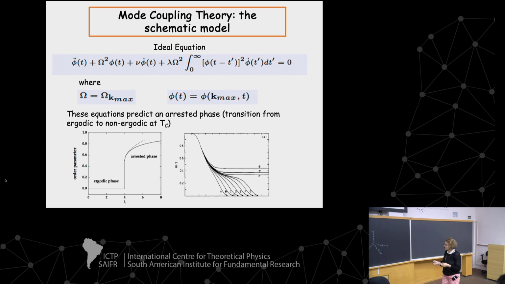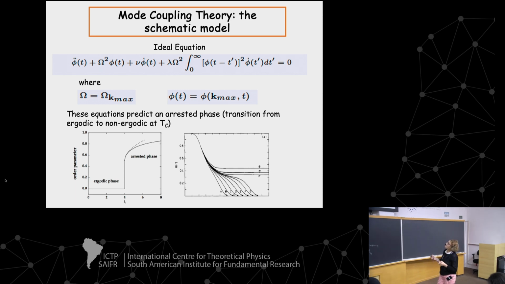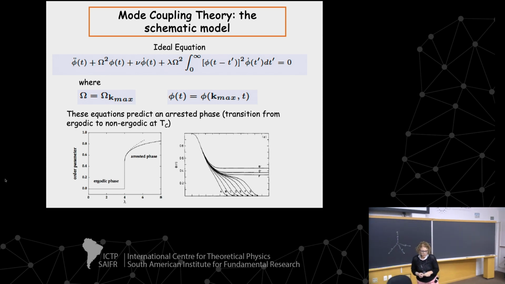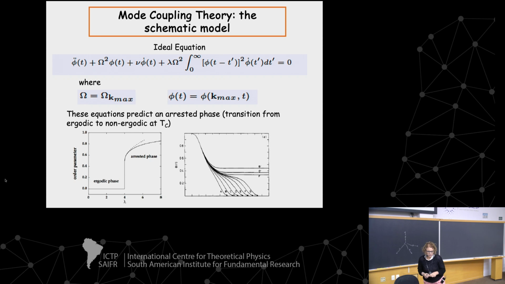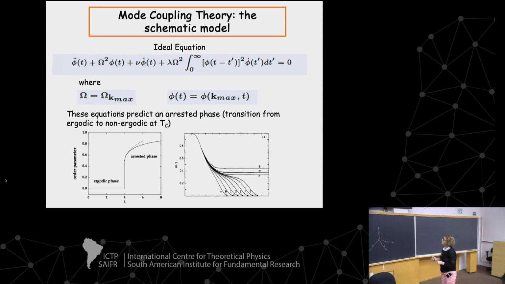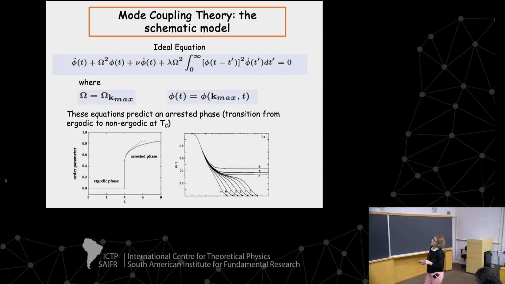But with this ideal equation, they predict an arrested phase, and the asymptotic expansion predicts some rules that the f of q at t has to obey.